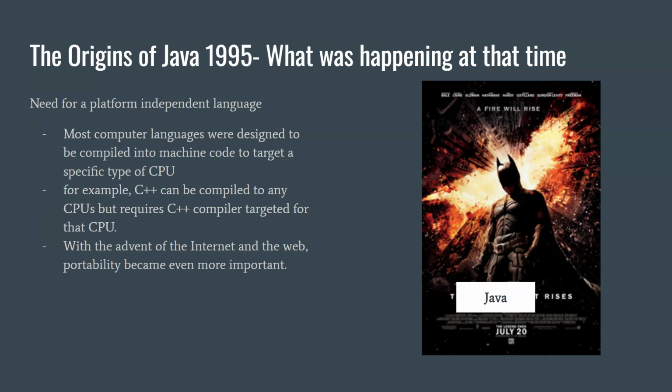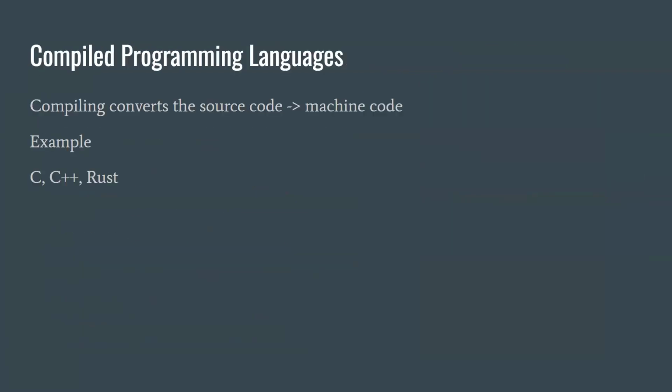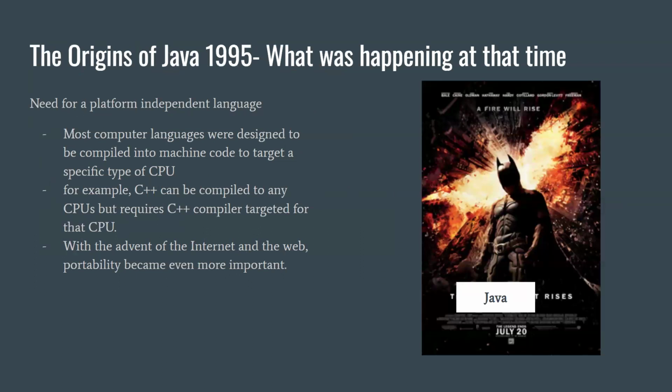It's because most computer languages were designed to be compiled into machine code to target a specific type of CPU. We talked about this in compiled programming languages. We said that they convert the source code into machine code for a specific CPU to execute.